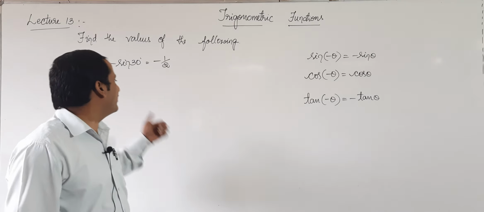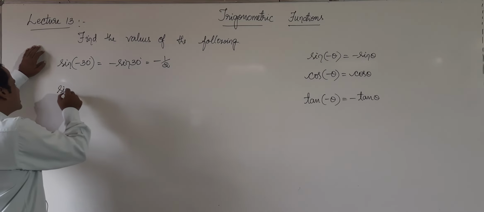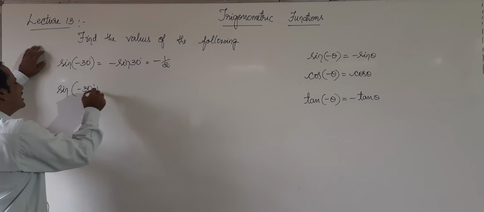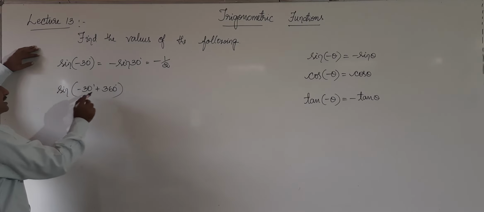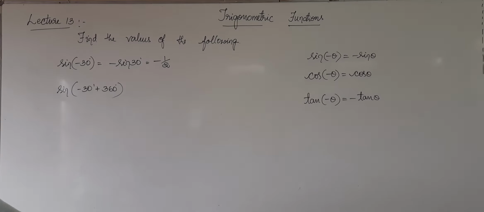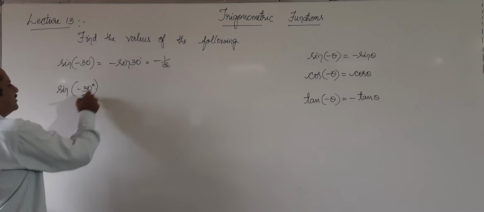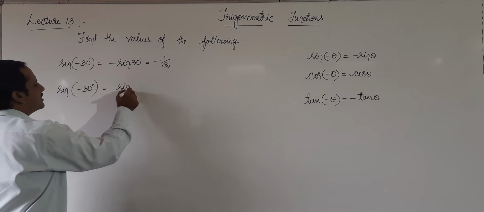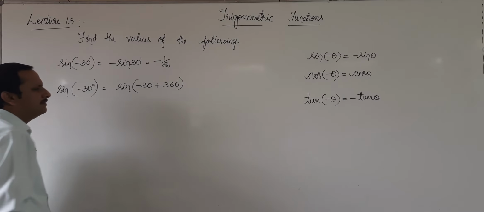So, for this minus 30 degree, I can add 360. So, if I add 360, what happens? Sine of minus 30 degree is equal to sine of minus 30 plus 360. Okay.